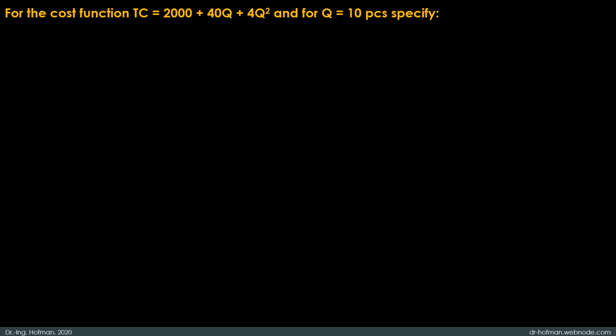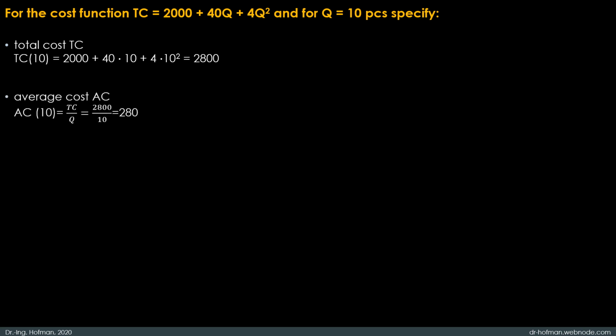For the cost function TC equals 2000 plus 40Q plus 4Q squared, and for Q of 10 pieces, specify total cost TC at first. It means total cost for 10 pieces is 2000 plus 40 times 10 plus 4 times 10 squared, together 2800.